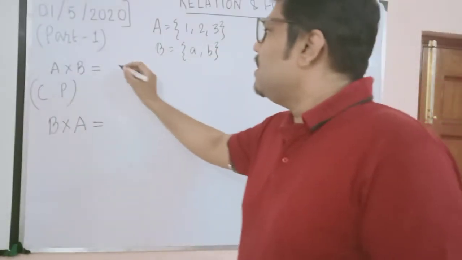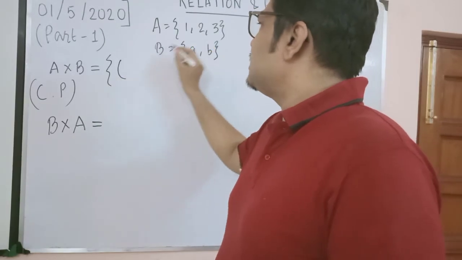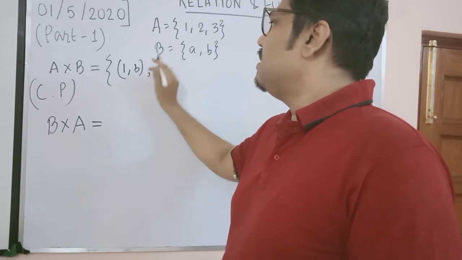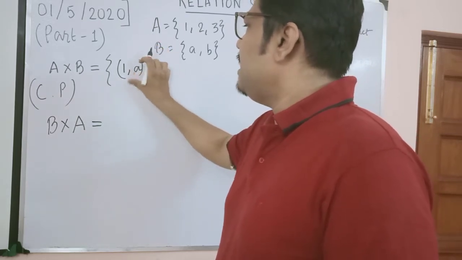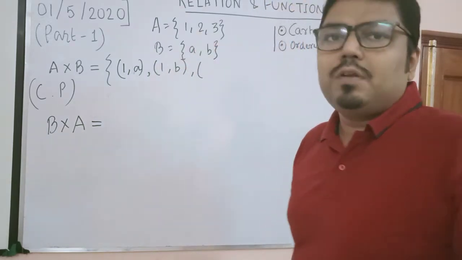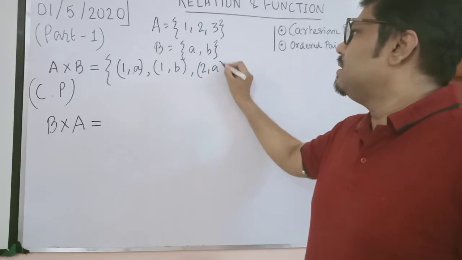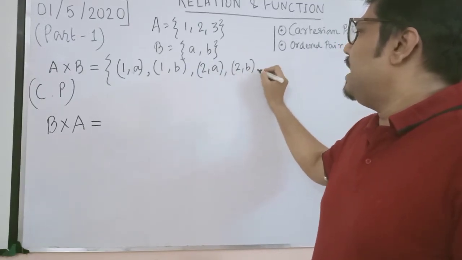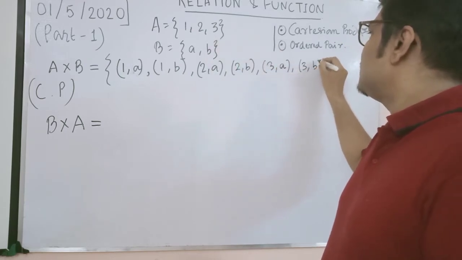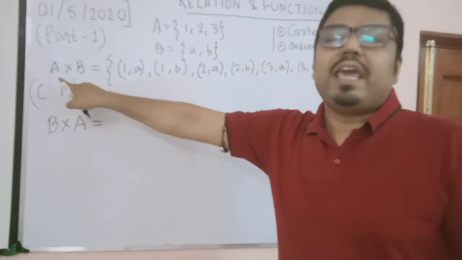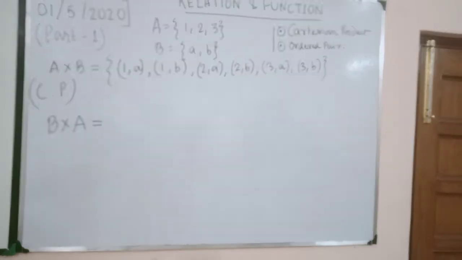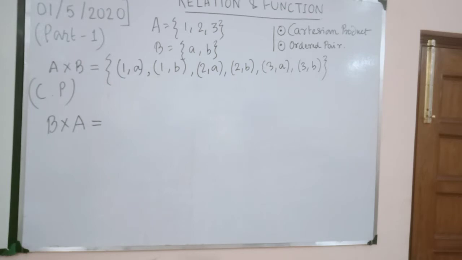So here what we do is pair out these things. Say 1 and A, then 1 and B. I write within brackets (1, A), then (1, B). Then the element 2 will also give (2, A), (2, B), and with element 3, (3, A) and (3, B). Since it is A cross B, the elements of A are written in the first position and the elements of B come in the next position.